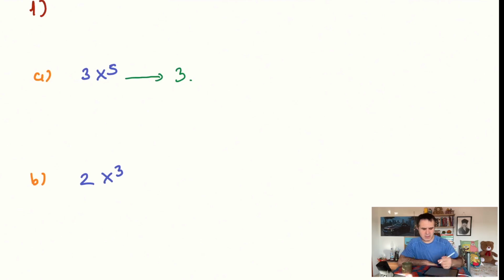When we take the derivative of a power function, the exponent will come here as multiplication, 5 times, and then we subtract 1 from the exponent, x to the power of 5 minus 1, and this will be equal to 15 times x to the power of 4.